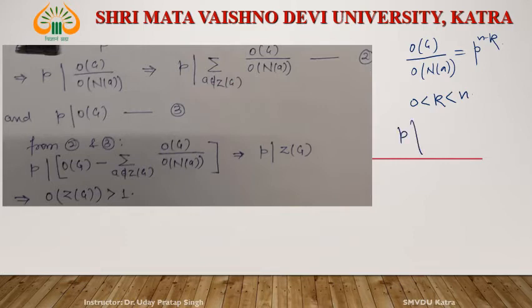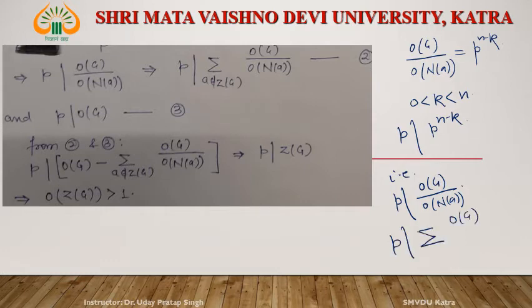Then P divides P to the power n minus k. That is, P divides order of G by order of N(a). It means P divides the summation of order of G by order of N(a), a does not belong to Z(G).